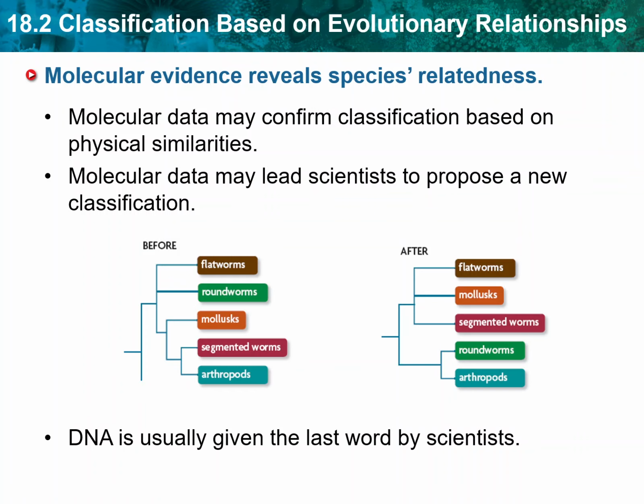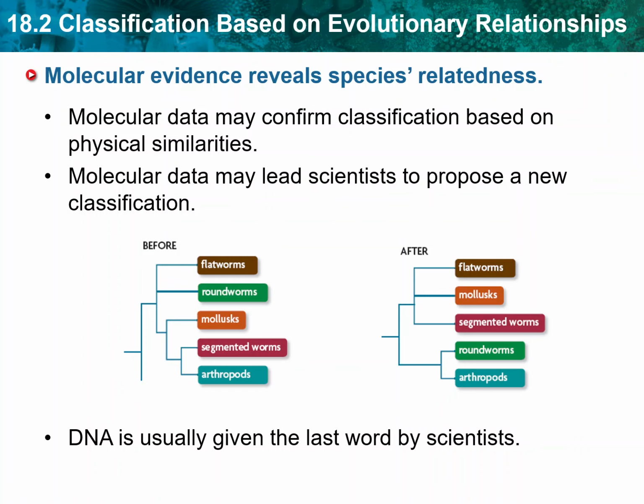Today, new technology allows biologists to compare groups of species at the molecular level. Molecular evidence, such as a certain DNA sequence, can be used as a derived character if it is shared among certain groups of species. In many cases, molecular data agree with classification based on physical similarities. In other cases, this type of data leads scientists to classify species in a different way.